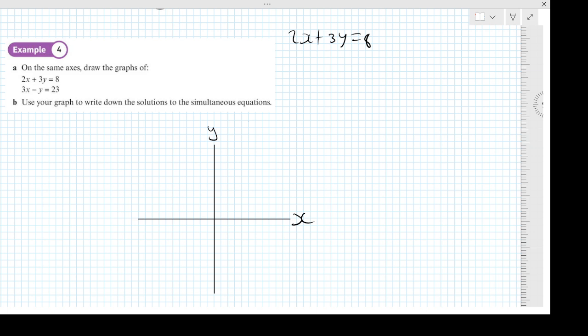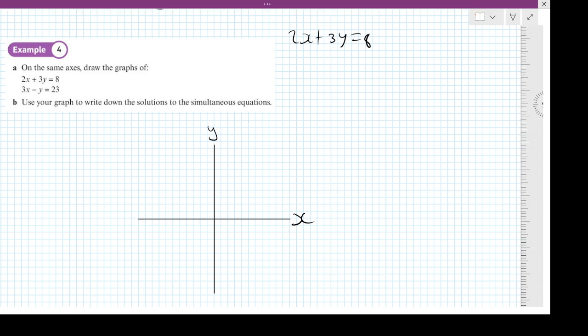To draw straight lines, the best way is probably to pick any two points on the line, plot them, and draw the line between them. So let's find two points by substituting values of x and y.